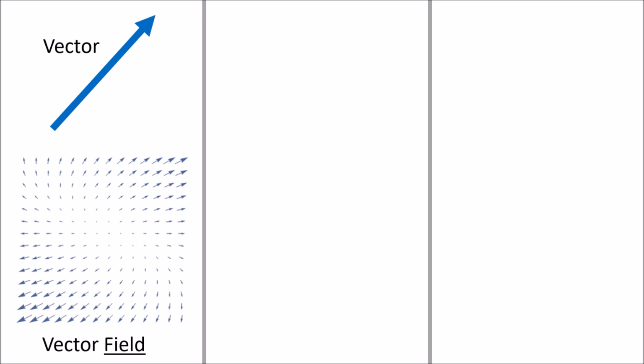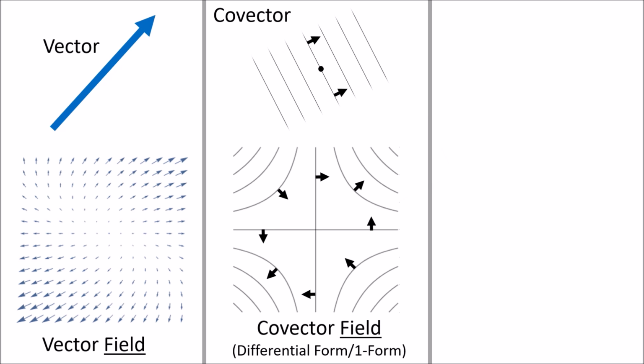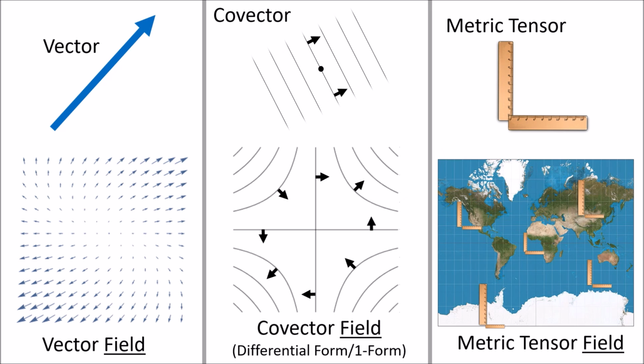So you know that a vector field involves vectors placed everywhere in space that change from point to point. And you know that a covector field involves covectors that are placed everywhere in space that change from point to point. And now a metric tensor field involves a different metric tensor being placed everywhere in space that changes from point to point.